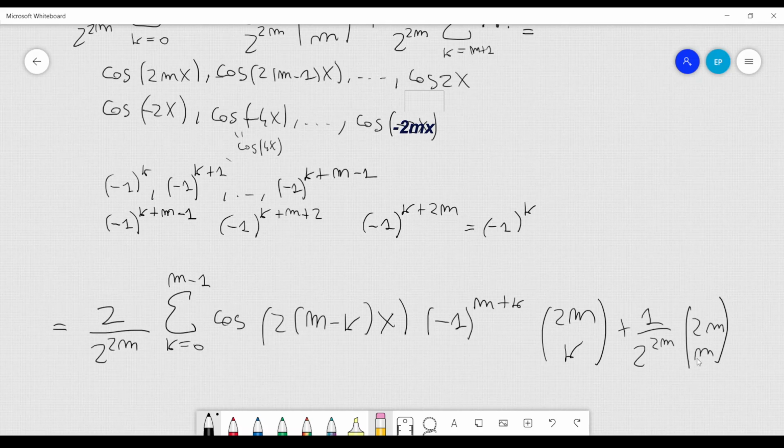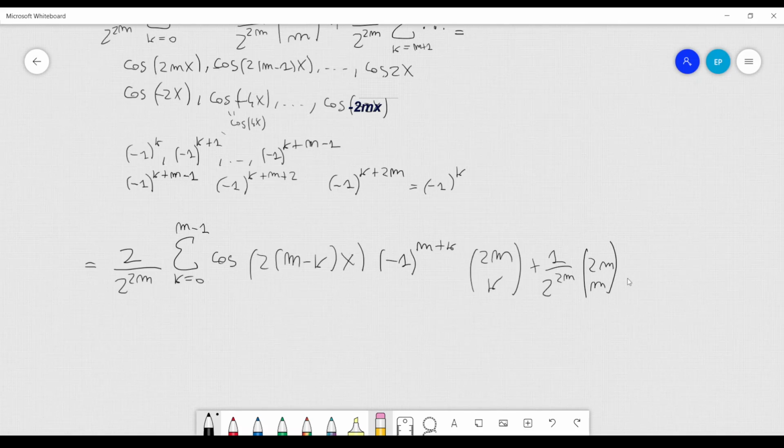And remember that this is equal to the sine raised to the power 2m of x, right?